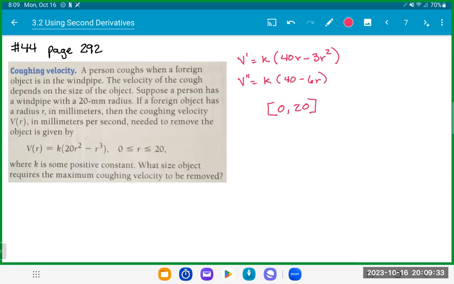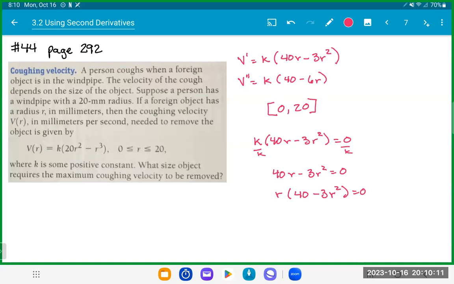Okay? So if I take my first derivative, that is K times 40r minus 3r squared, set that equal to 0. I could divide both sides by K. That gives me 40r minus 3r squared equals 0. I can factor an r out of both of these. So that gives me r times 40 minus 3r equals 0.